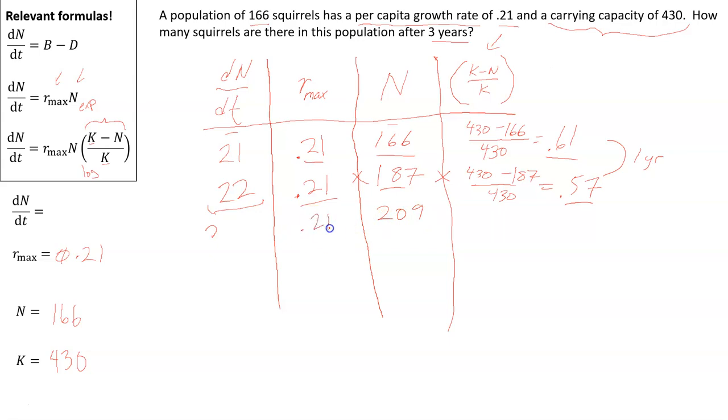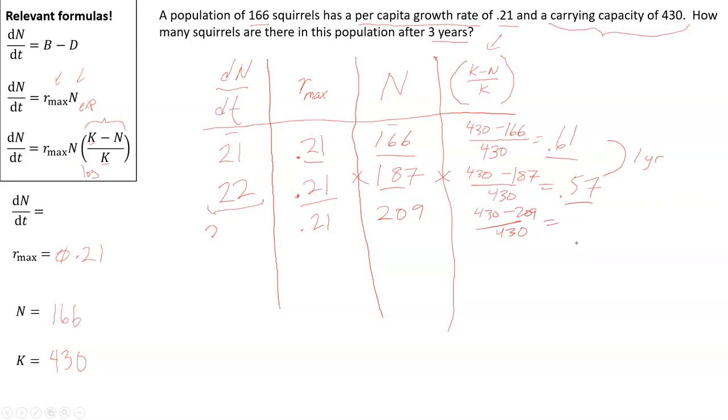R max stays the same. K minus N over K, 430 minus 209 over 430 equals, go ahead and calculate that out. I will do it as well. 430 minus 209 is equal to 221 divided by 430. All right, we got 0.51.